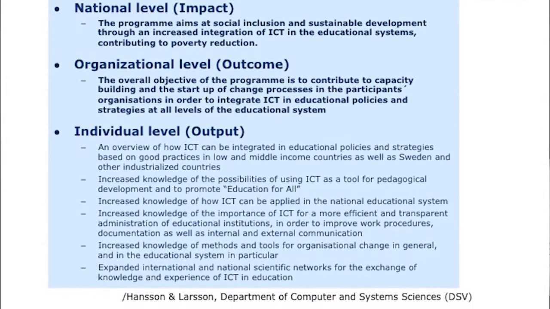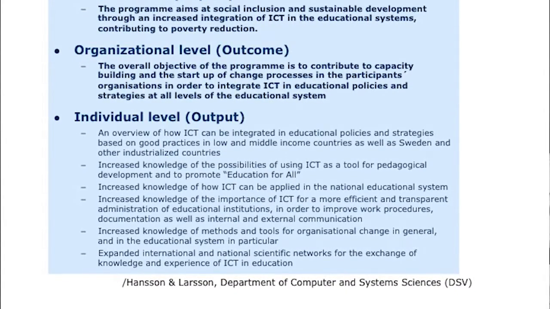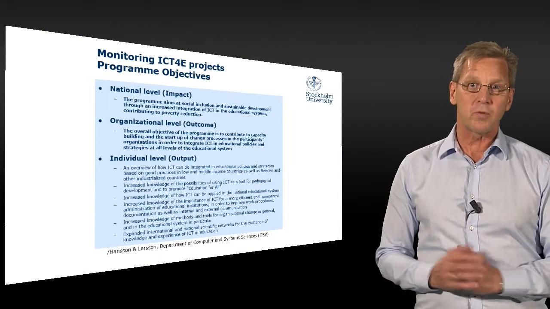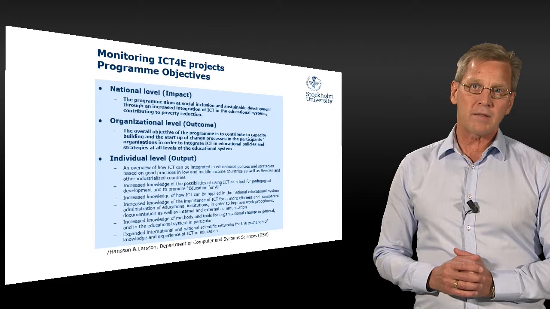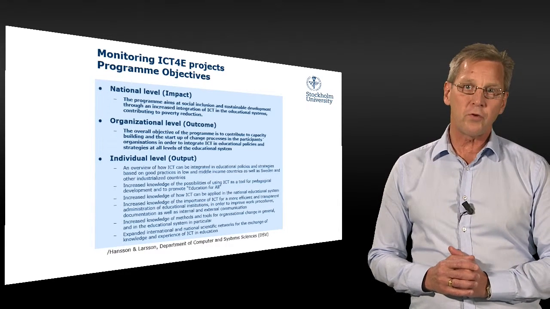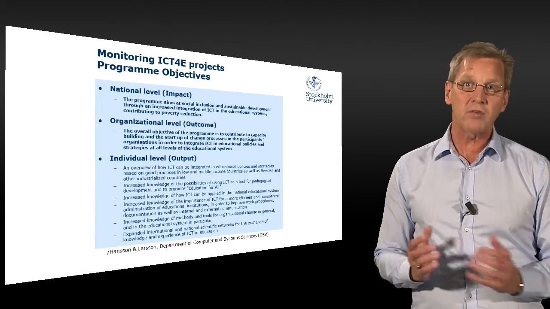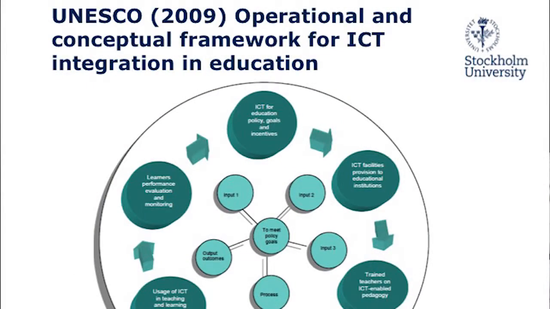These objectives can be seen on 3 levels as impact objectives, outcome objectives, or output objectives of the program. And we are looking at them in these films in the 2 first levels, the impact or national level, the outcome or organizational level objectives.